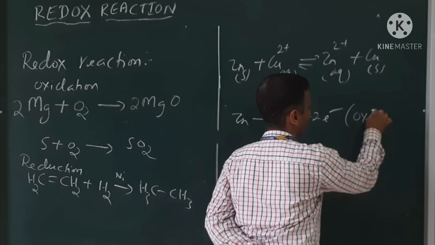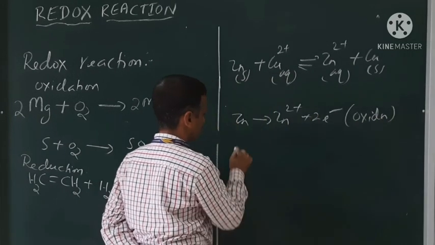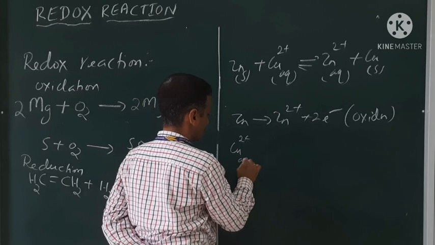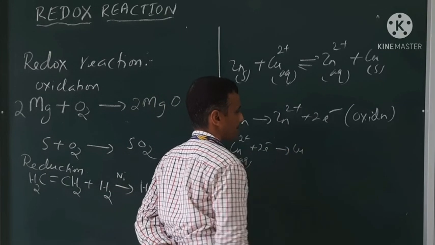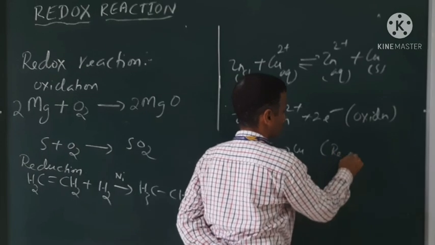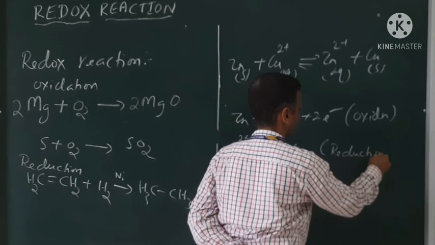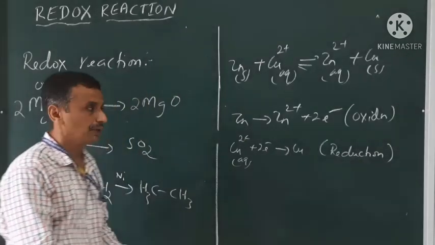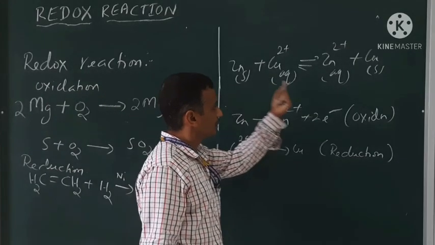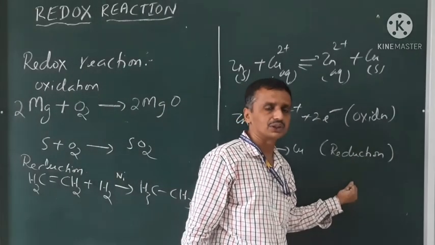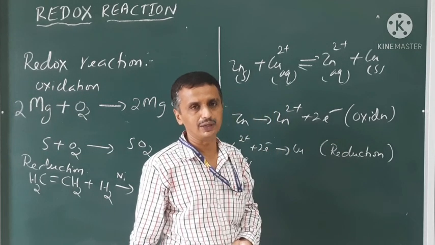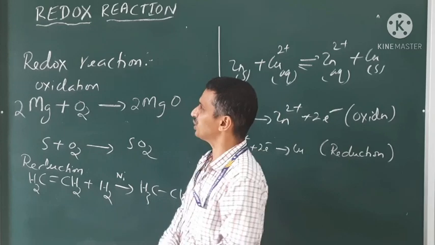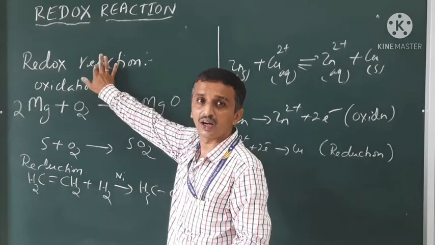I will come back to this. And the copper 2 plus aqueous here takes up the electrons and gives copper, which is a reduction process. Means that here oxidation and reduction both are happening at a time, simultaneously. Such reactions are called redox reactions.